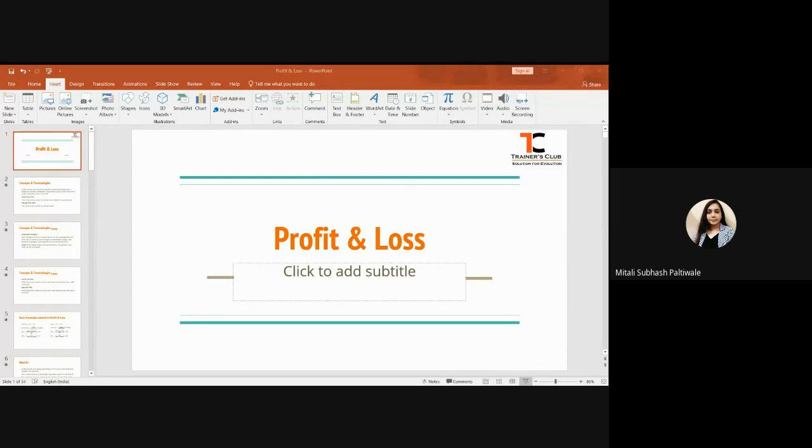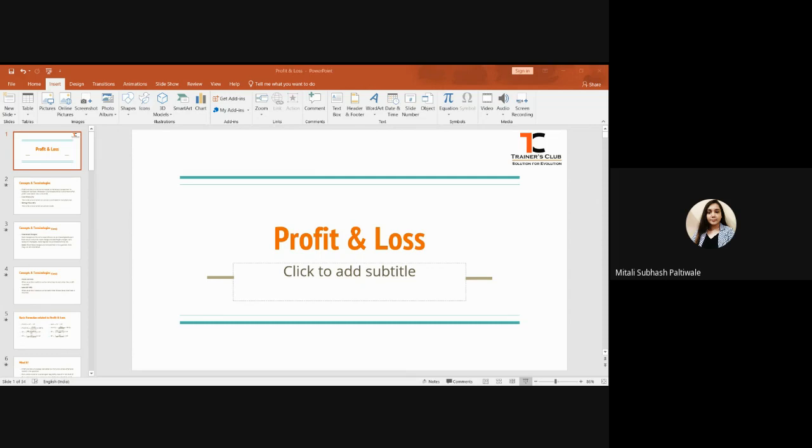All right then. So, profit and loss: concepts and terminologies. Let us see what all terms profit and loss are related with and what exactly the concept is. Profit and loss are terms related to any kind of business, trade or share market, wherein you are selling something to somebody and making a transaction, which has to be a monetary transaction.